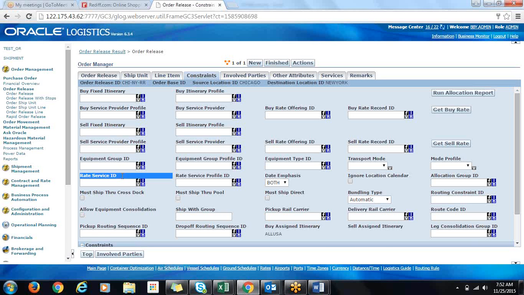Does it meet the timelines and the cost expected by the customer? If I send it through ground, does it meet my service provider requirements, and do I have equipment? It also verifies whether I have a truck with the capacity the order needs, or whether I should have two or three trucks.